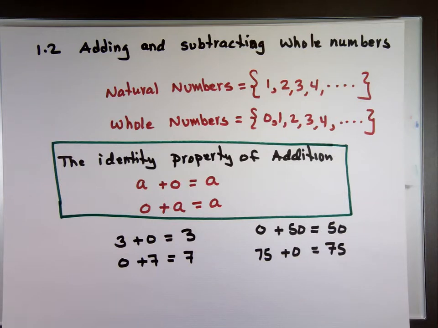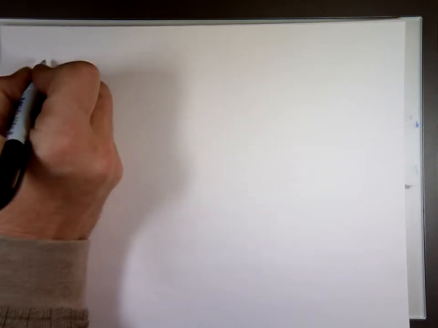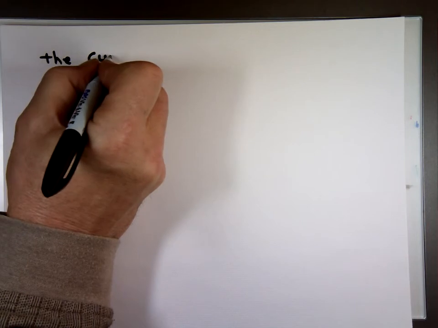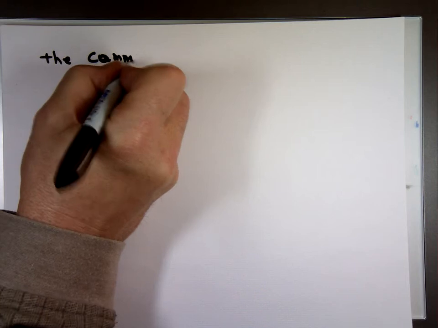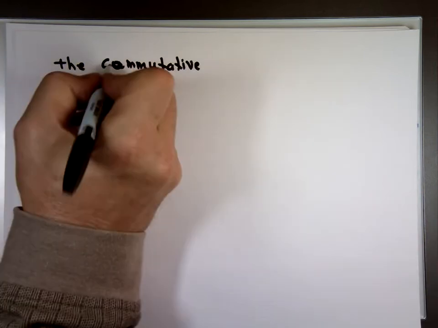Another rule I'm going to list, I'm only going to do probably 3 rules here, then we'll start talking about adding. It's called the commutative property of addition. Oh, don't turn sideways. That's an O here.